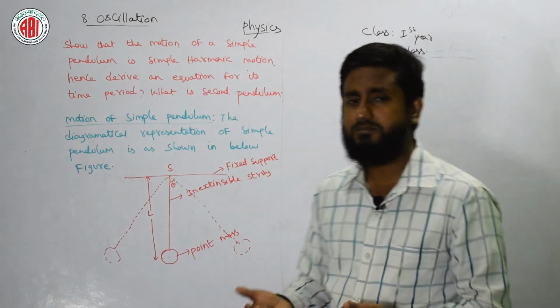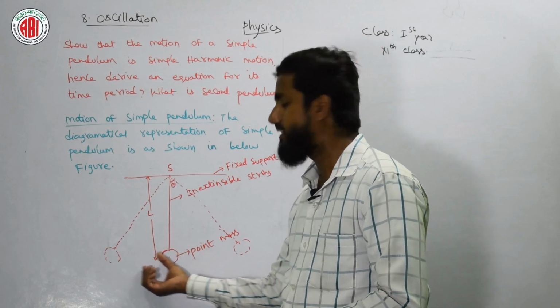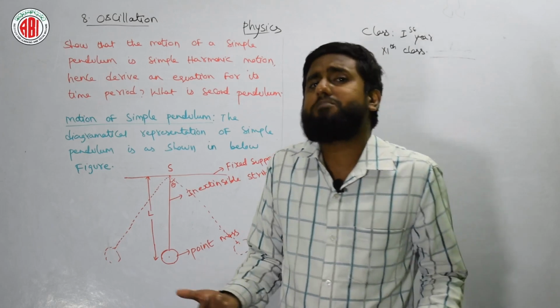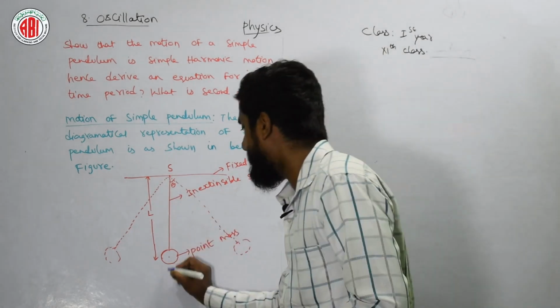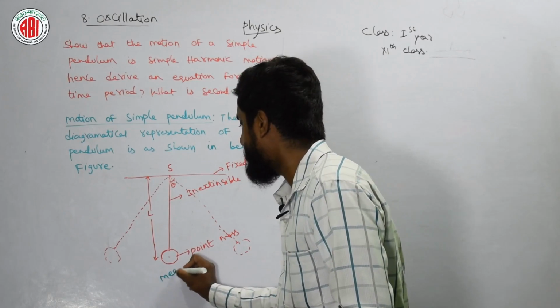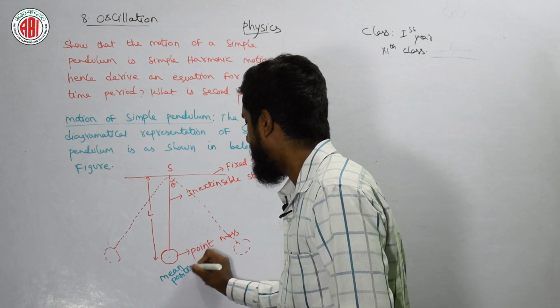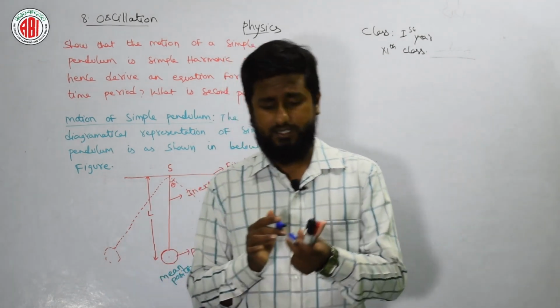When I hold this bob, displace it, that means move its place, and release it, it moves to and fro. The position from where it starts is the mean position, whereas these two are the displaced positions.